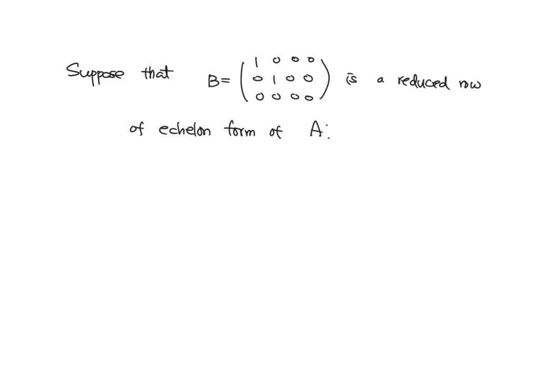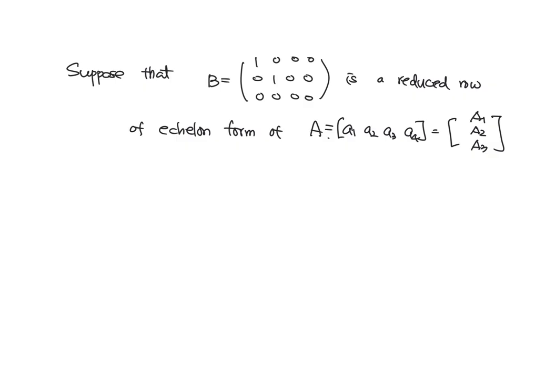And suppose that lowercase a1, a2, a3, a4 are the four columns of A, and suppose that uppercase A1, A2, A3 represent the three rows in A matrix.